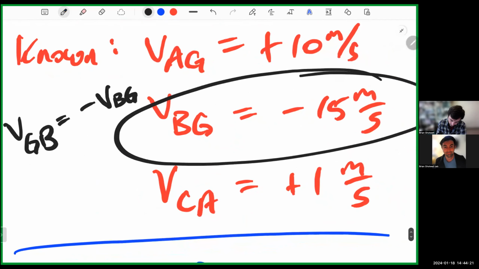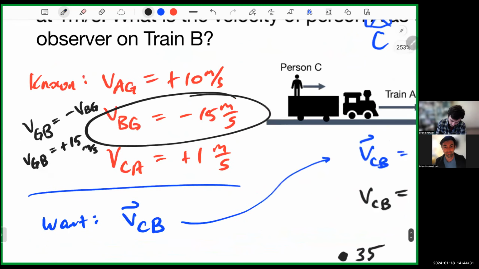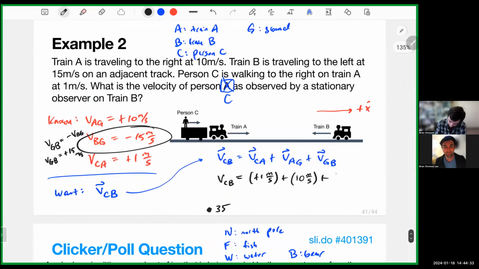So if we have V_BG is negative 15, then V_GB is plus 15 meters per second. Okay, so I'm going to plug that in here. So this is plus 15 meters per second. So then we get V_CB is 1 plus 10 plus 15, which is 26 meters per second to the right.